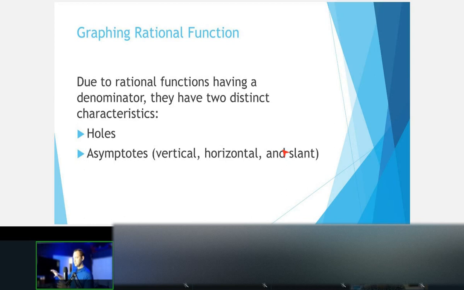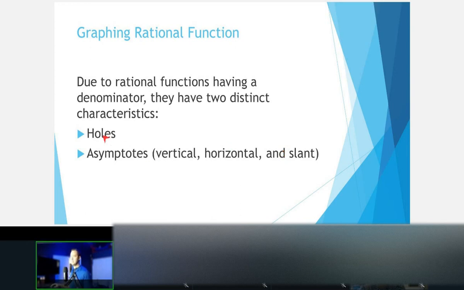So they're these invisible lines, whether they're vertical, horizontal, or slants, that our graph does not cross over or even touch. So again, asymptotes are just lines, vertical, horizontal, or slant, that your graph will not touch or cross over. They can approach, they just won't ever touch it.